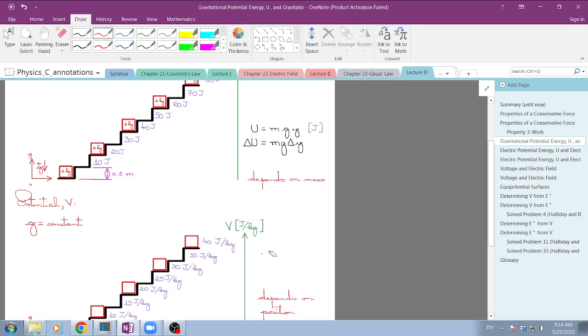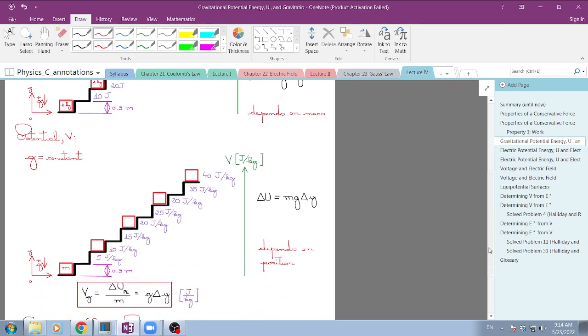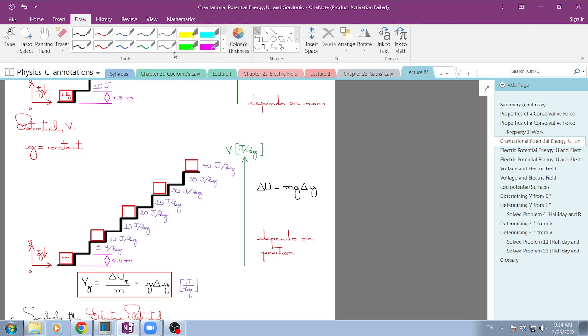If I normalize by mass, I'm going to have now something, right?